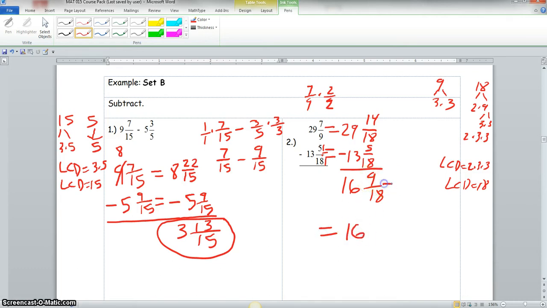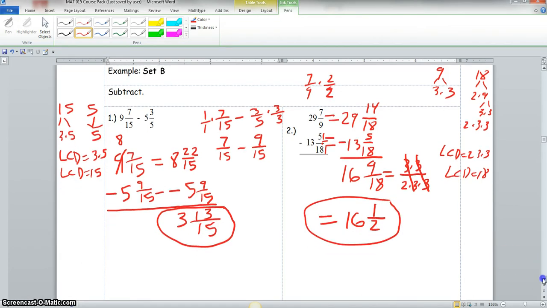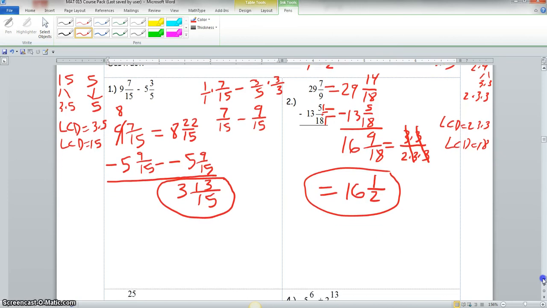Now we could take this fraction and simplify it. We know the prime factorization of 9 is 3 and 3, and the prime factorization of 18 is 2, 3, and 3. These 3's would simplify out. So your numerator would be 1 and your denominator would be 2. So it's 16 and 1/2.